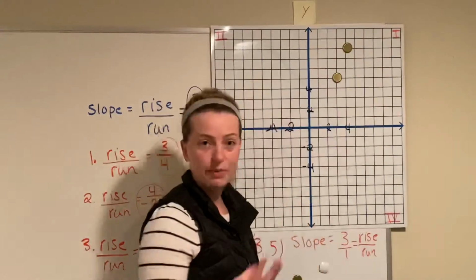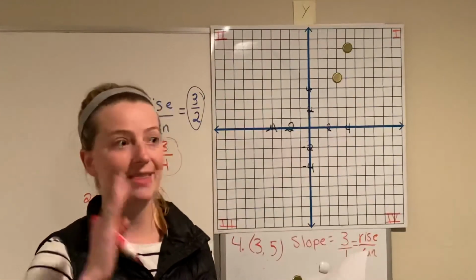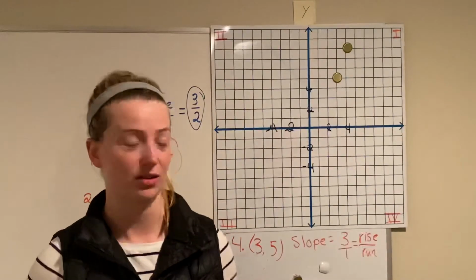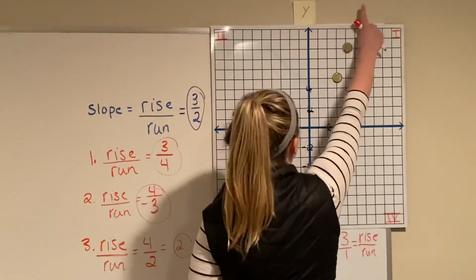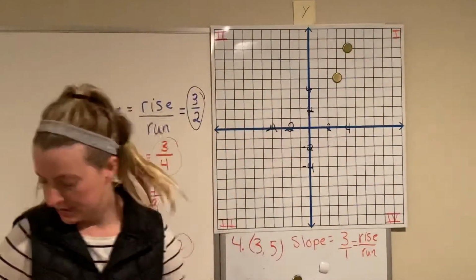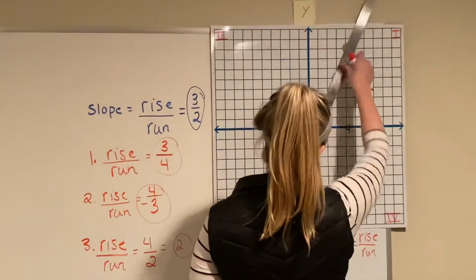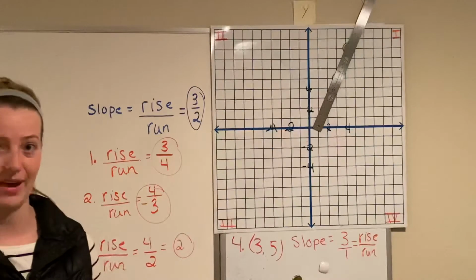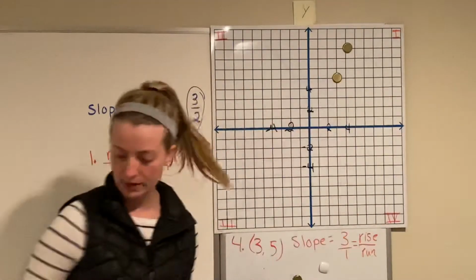And then if I wanted to repeat it, because your slope continues your line, you have your starting point, and then your slope is literally your roadmap to continue the line. I would go up 3, 1, 2, 3, and then over 1, and now I have a continual line. And so with my handy dandy magnetic ruler, boom, I can see what my line would look like if I kept my slope going. All right, on to the next one.